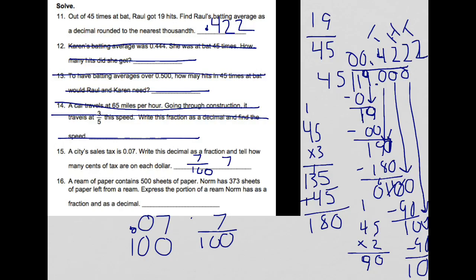There's 7 cents for every 100 pennies. So every time you give 100 pennies, or $1, you're going to pay 7 cents. And those are my two answers.